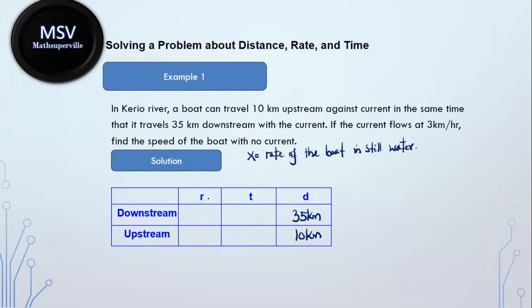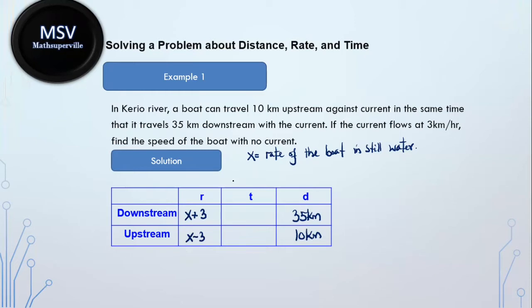So traveling downstream, the rate of the boat should be the rate of the boat plus the current speed, which is 3. So that's why the boat ends up traveling a longer distance downstream. Upstream should be x minus 3 kilometers per hour.